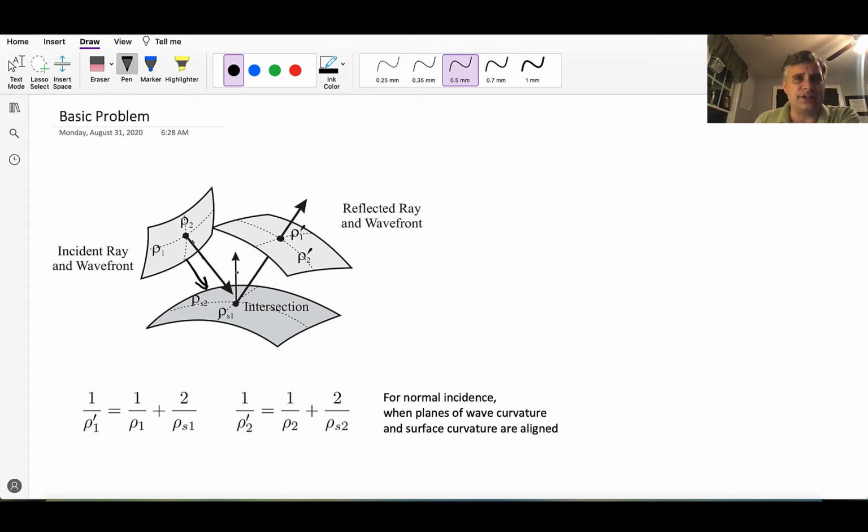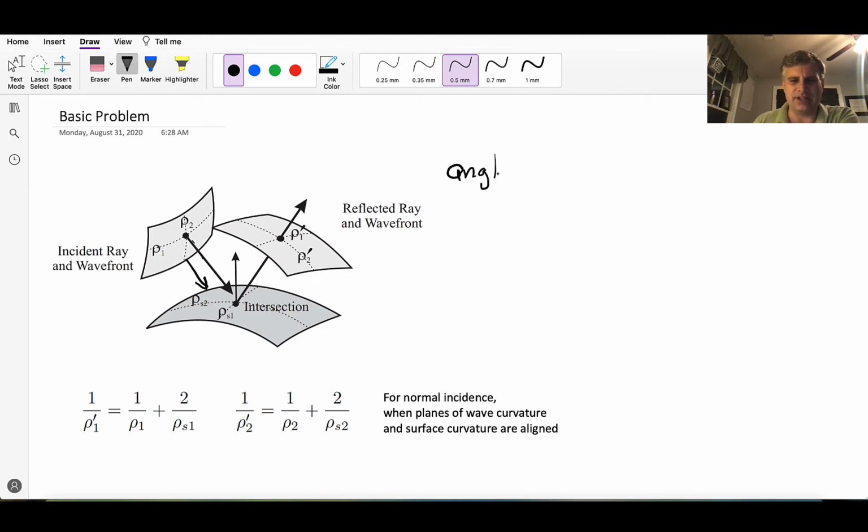So at a given angle of incidence, you'll get a reflection. This is actually a very difficult problem because the relationship between the curvature of the reflected waveform and the curvatures of the incident waveform depends on a lot of factors.